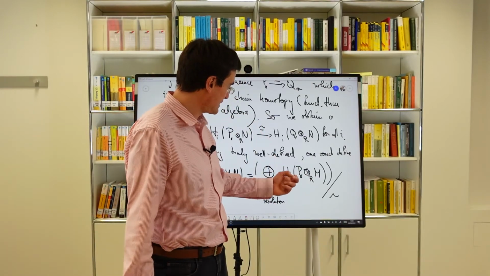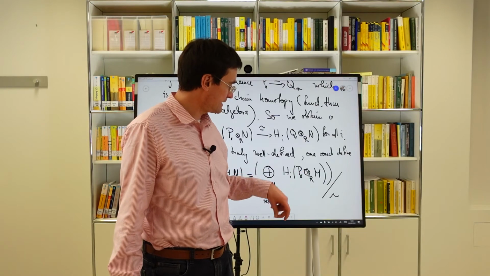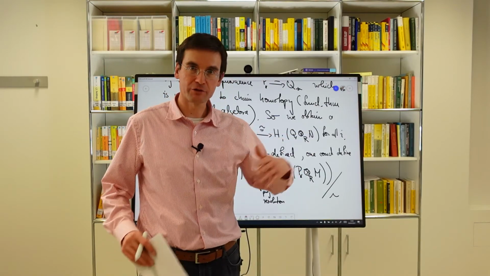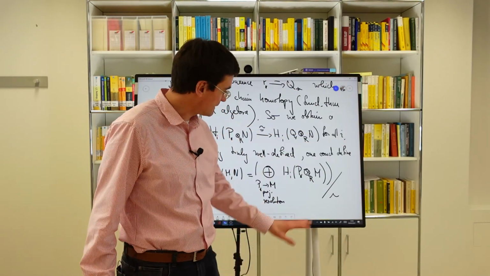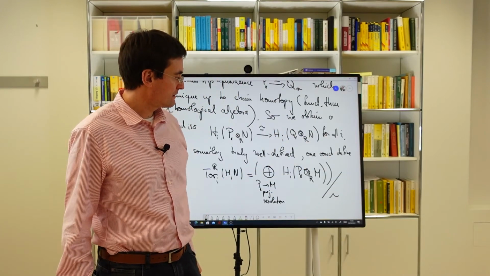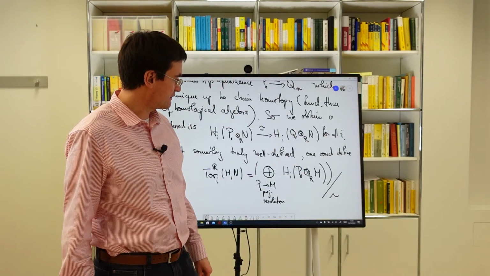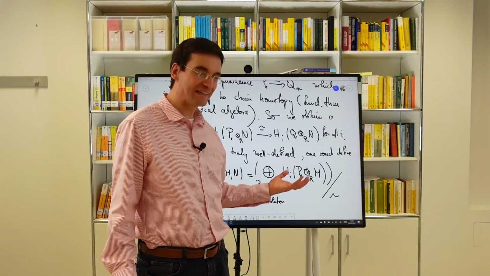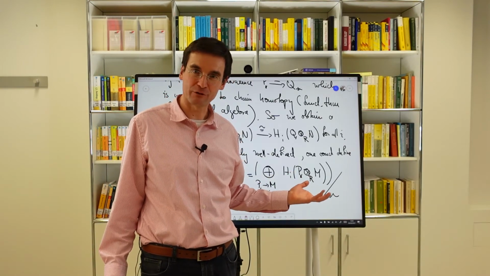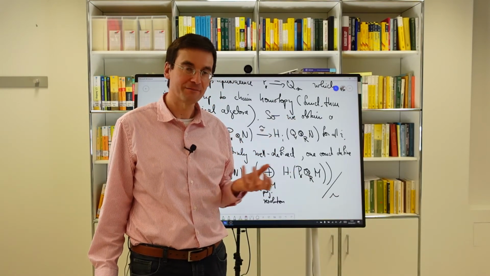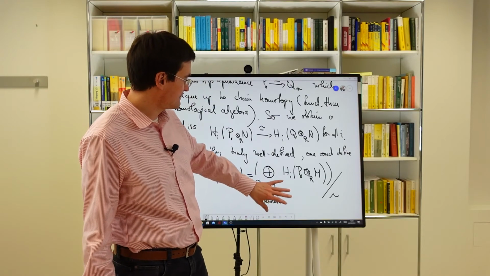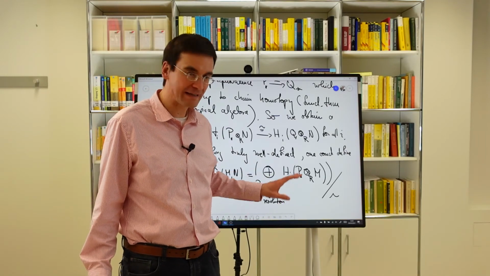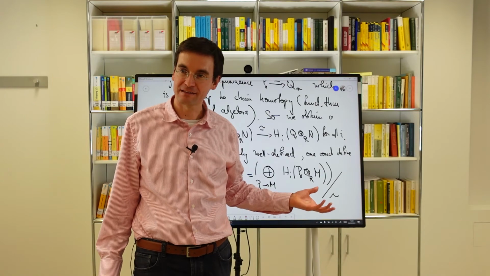So H_i(P_* tensor N) will be identified with any other resolution's via the preferred isomorphism. That gives you an equivalence relation. You can divide that out, and then of course what's left is just one copy. So this is still isomorphic to the previous definition, but by taking the sum over all projective resolutions, I can make it functorial in that sense.